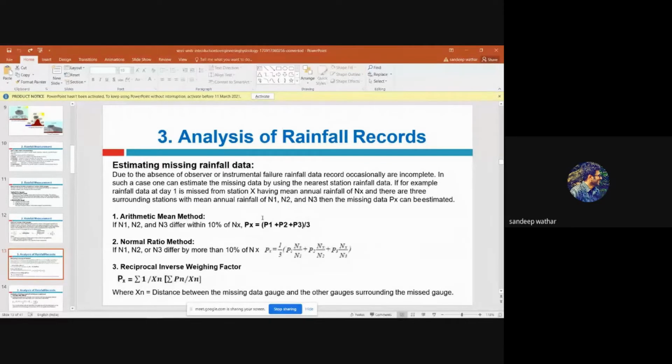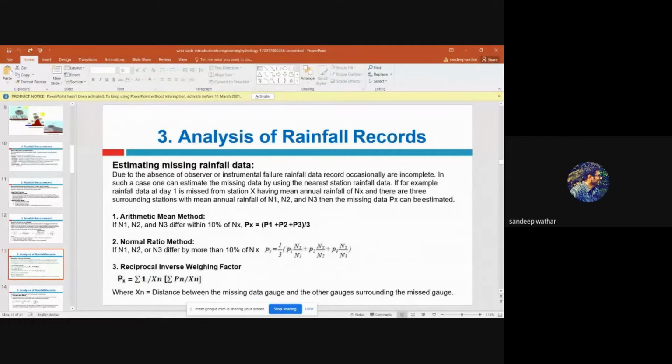If I want to calculate how much rainfall took place in September, I'll get the rainfall records for September from all these nearby stations, P1, P2, P3. I'll take the average of that, and then I'll know the value of rainfall for my missing rainfall station. This is the simplest way of calculating it, the arithmetic mean method.